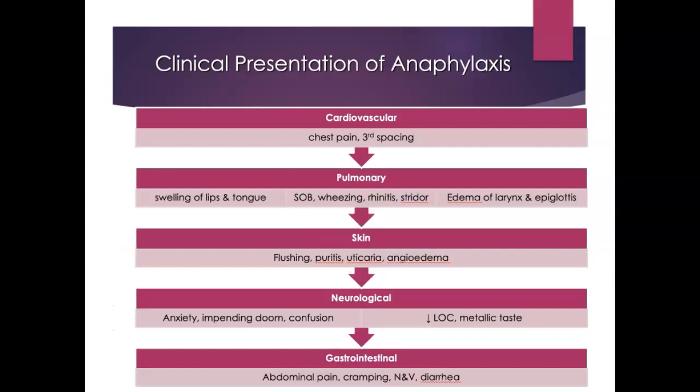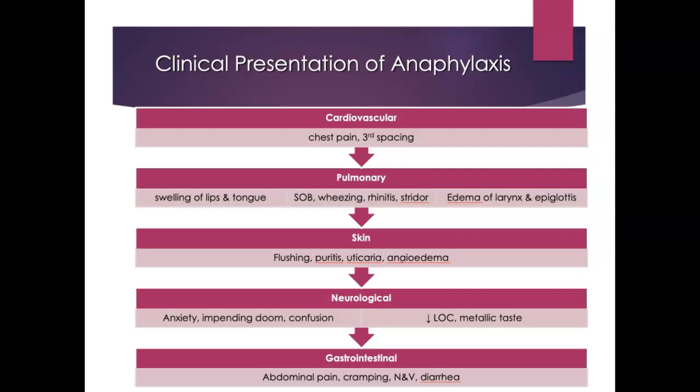So just remember that part. And so what are you going to see? In the cardiovascular system, you may see an individual with chest pain, or there may be third spacing happening. Remember, it is this massive vasodilation again. For the pulmonary system, we tend to see a lot of swelling of the lips and tongue, shortness of breath, wheezing, edema of the larynx and the epiglottis. The skin can be flushed.